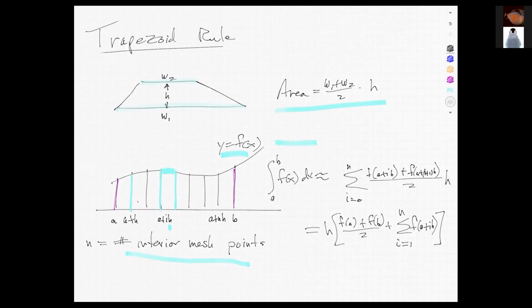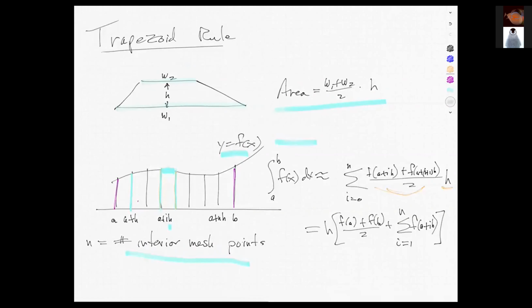And if we add up all of the trapezoidal areas to get an approximation, then at each i, we're going to add up the height of f at the left endpoint, the height of f at the right endpoint, divide by 2 to get the average, and then multiply by the width, which is h. So here we have the average height between those 2 points. That is the height at a plus ih and the height at a plus (i plus 1)h. And then, of course, we multiply by the width of that trapezoid to get the area.